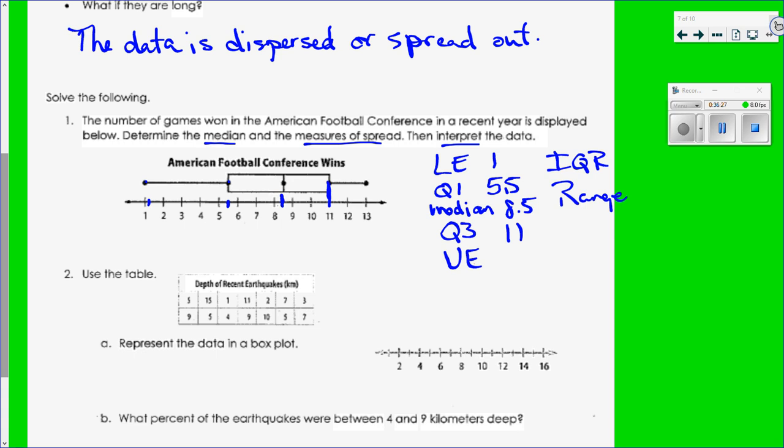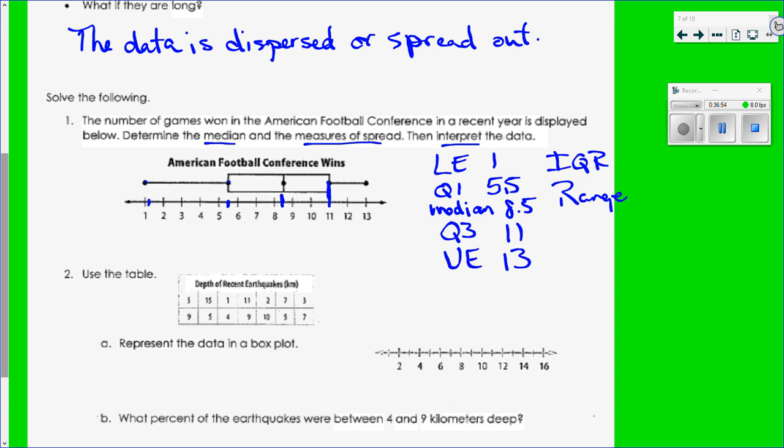What's my upper extreme, Eli? So my IQR is what? Cannon? How'd you get 2? How do I find the interquartile range? How do I find the IQR?